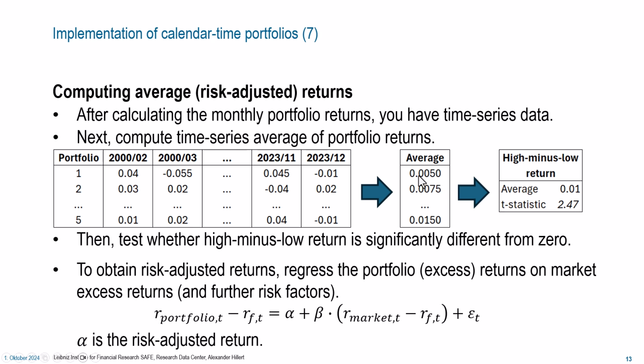So 0.01 would be exactly 1%, and here we have 0.005, meaning 0.5 percentage point or equivalently 50 basis points. We take also the time series average for portfolio 2, that would amount to 75 basis points, and then we have our high portfolio here, where we have 150 basis points.